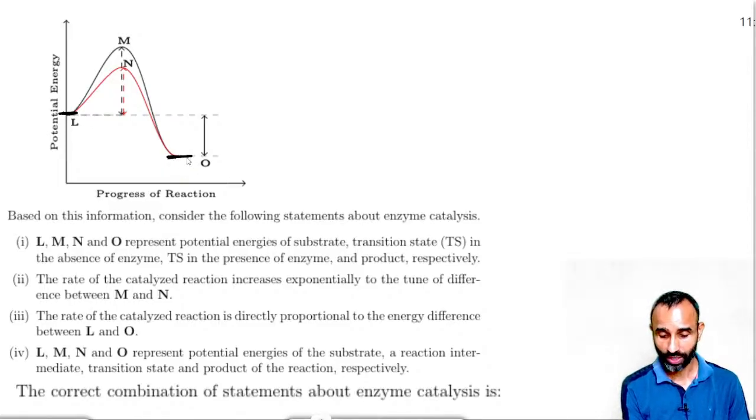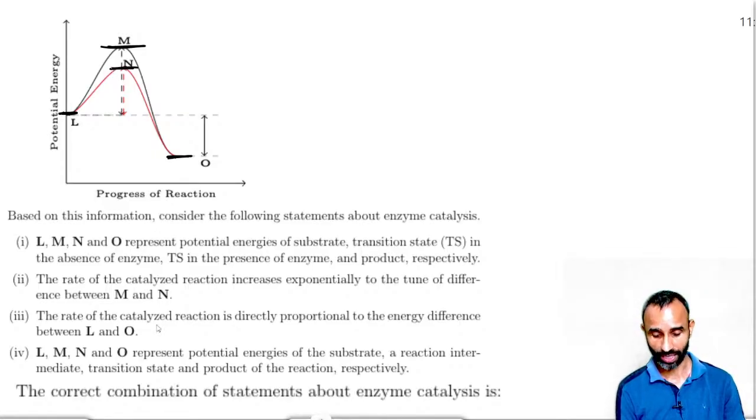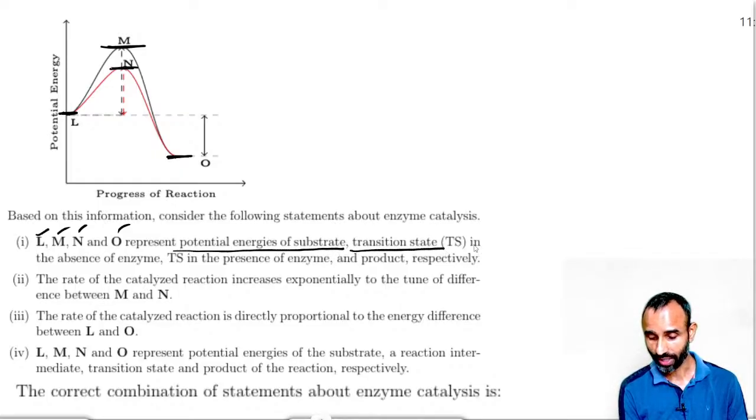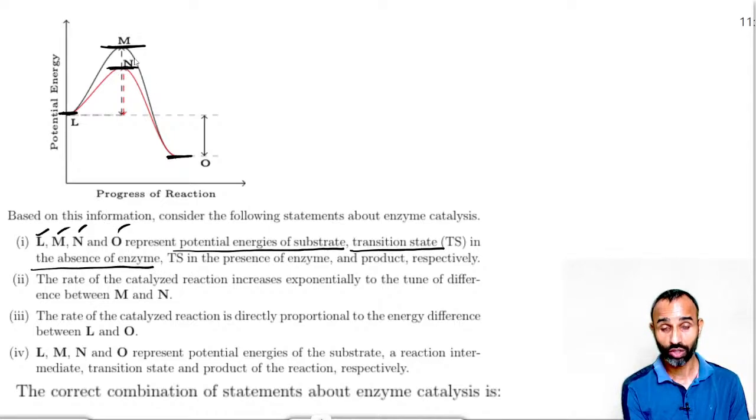This one is the potential energy of the product. This is the potential energy without catalyst and this is the potential energy using the catalyst. So L, M, N and O represent potential energy of the substrate, transition state in absence of enzyme, transition state in the presence of enzyme, and this is the potential energy of the product.